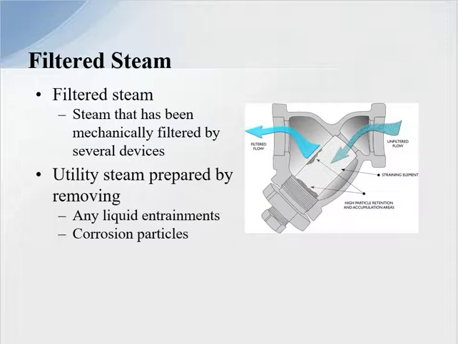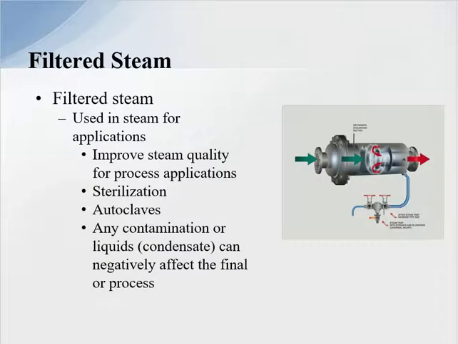No matter how well we treat the steam system, we will have corrosion inside the piping, and there will be some corrosion particles coming down into the system, and we want to be able to remove that. Filtered steam is used for applications improving steam quality and for process applications such as sterilization and autoclaves. Any contamination or liquid condensate can negatively affect the final process.